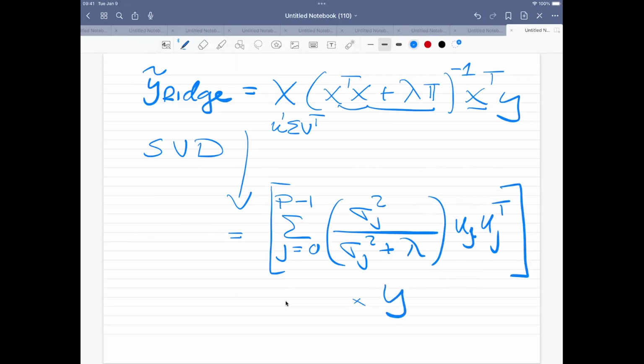So in the previous case, when we had ordinary least squares, we had just one here. Now, depending on the value of lambda, we can actually get rid of degrees of freedom. And you will see that.